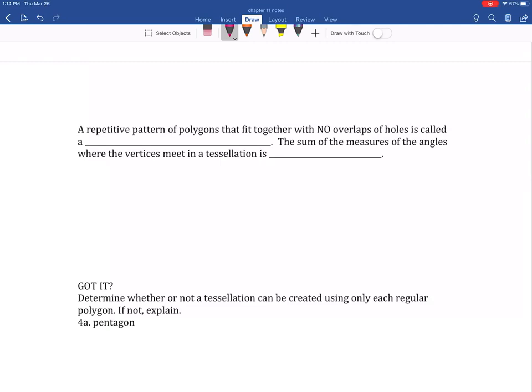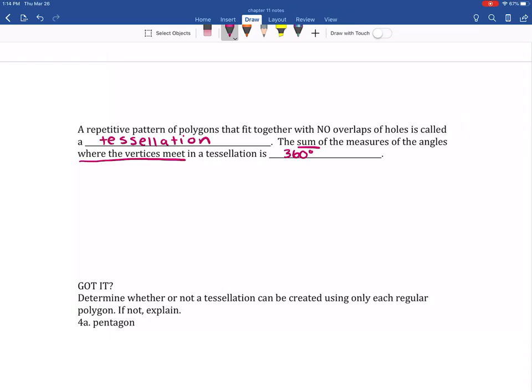A repetitive pattern of polygons that fit together with no overlaps or holes is called a tessellation. The sum, so I'm going to be adding things up, of the measures of the angles where the vertices meet is 360 degrees.